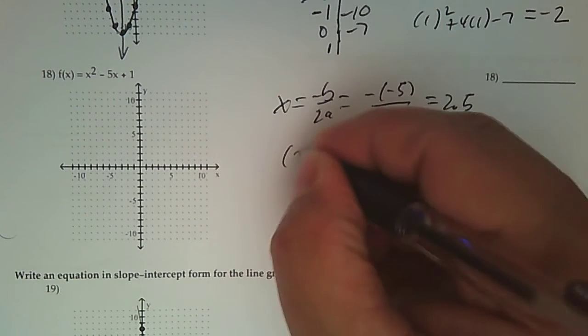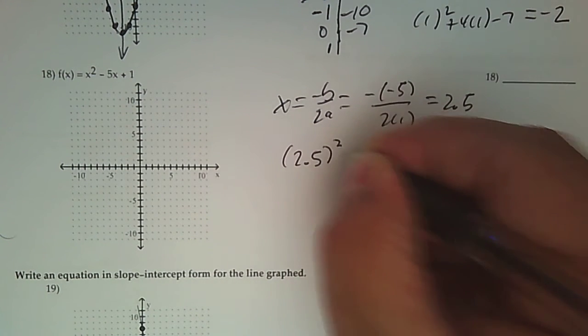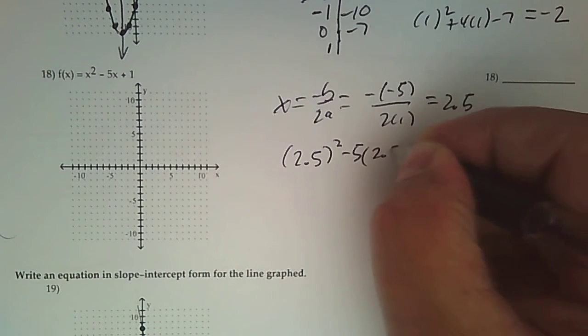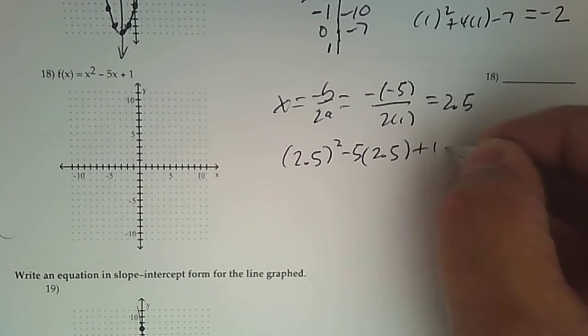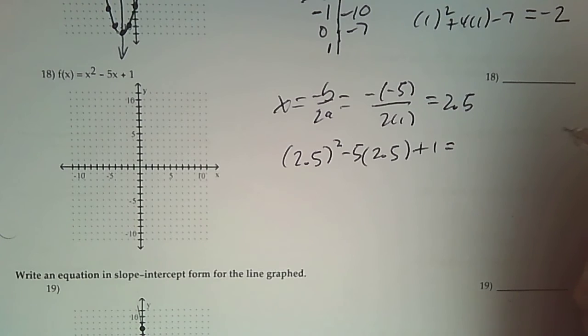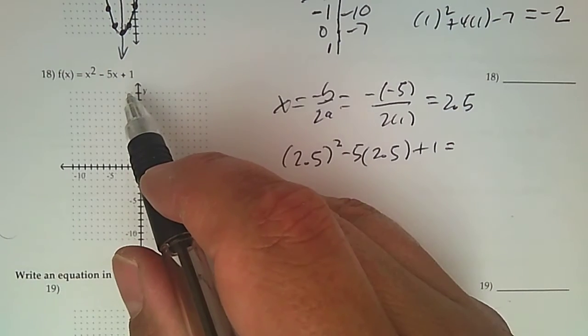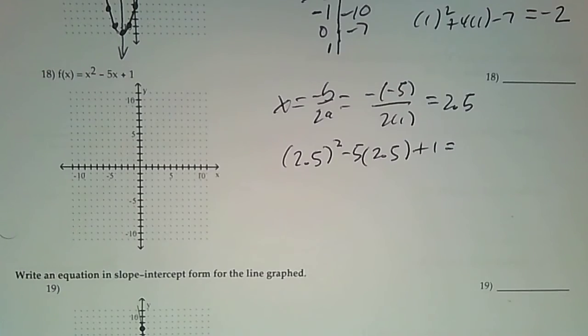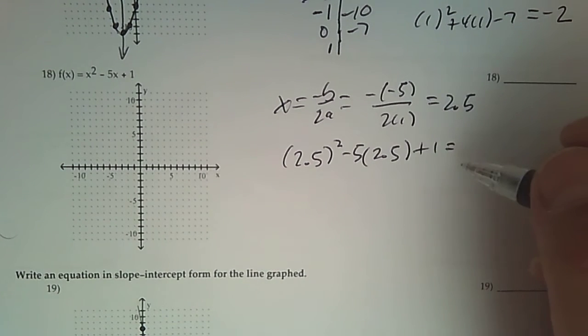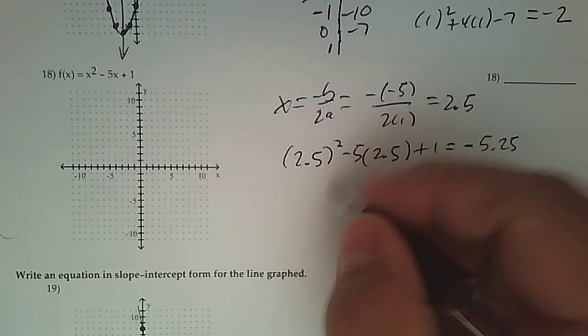So I would use a calculator and calculate it. So plug in positive 2.5 back in here. Use your calculator, and you should get the answer negative 5.25. So we're going to start there.